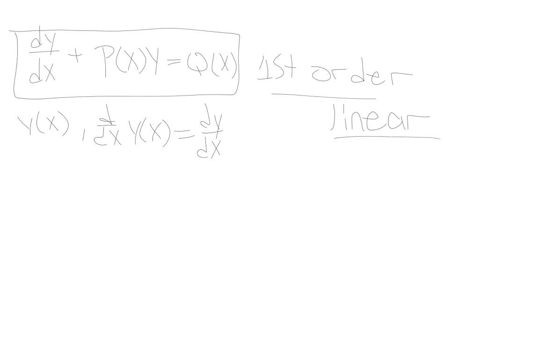So if I have a function, say f of x, y, I can't take the derivative of the function f of x, y because it's not a single variable function, but what I can do is take partial derivatives of the function with respect to the independent variables. For our purposes here in ordinary differential equations, a partial derivative is simply the derivative with respect to only one of the variables, so all the other variables are held constant.